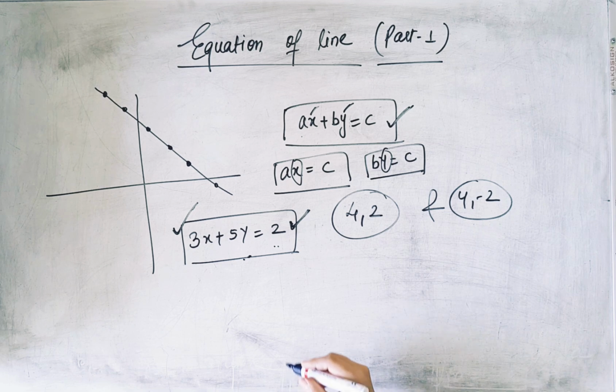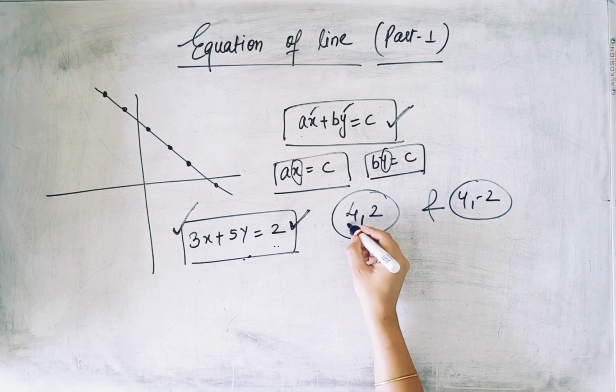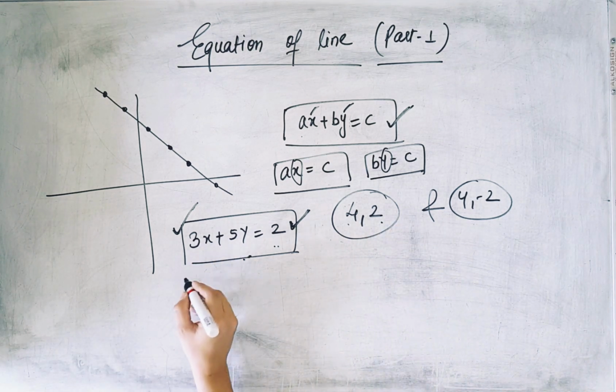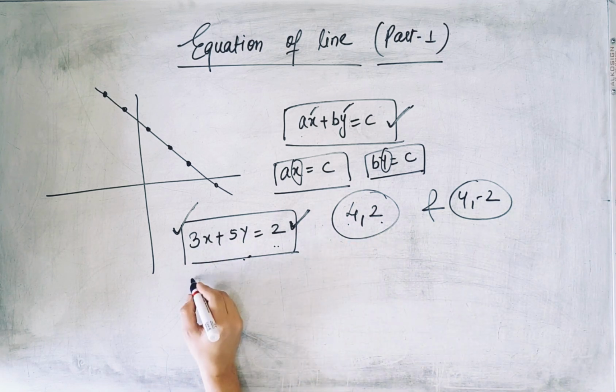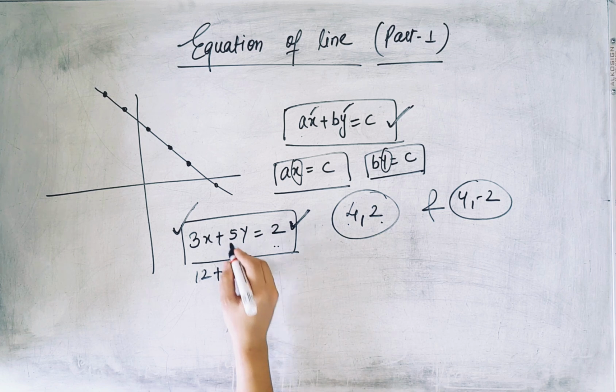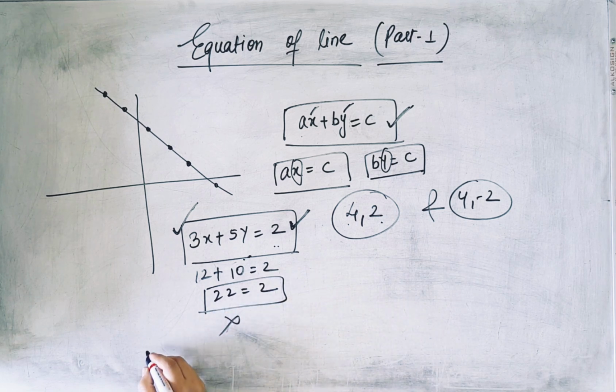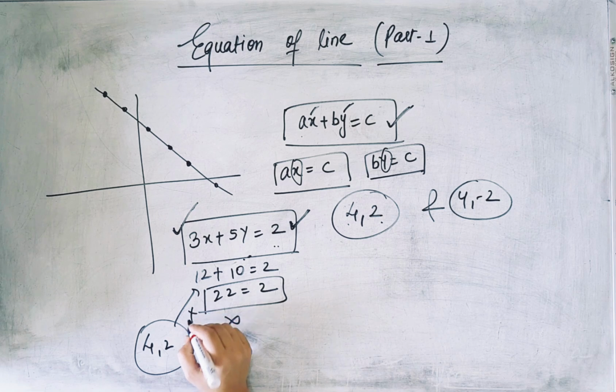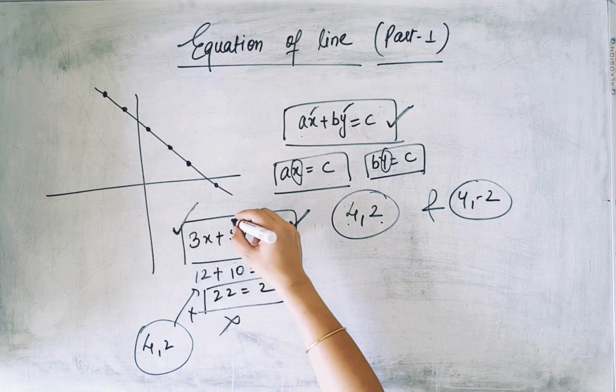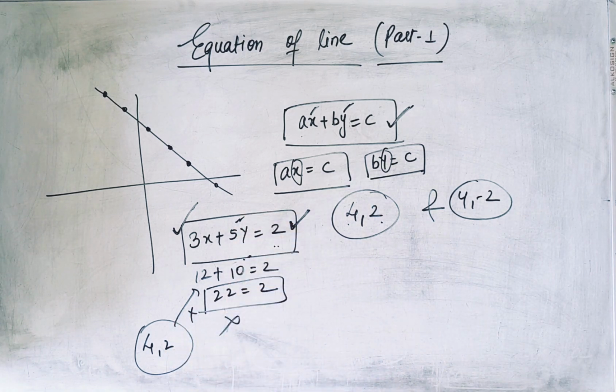In that case, I'll substitute the values of x and y. So 3 into 4, if I'm taking the point 4 comma 2, 3 into 4 is 12 plus 5 into 2 is 10. Thus in this case LHS is not equal to RHS. So 4 comma 2 does not lie on the line represented by this equation.